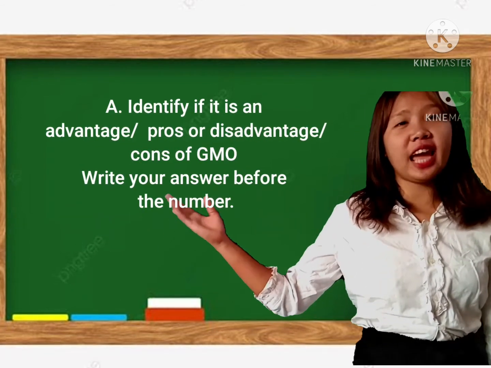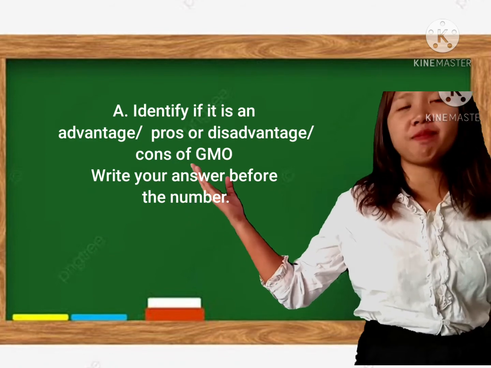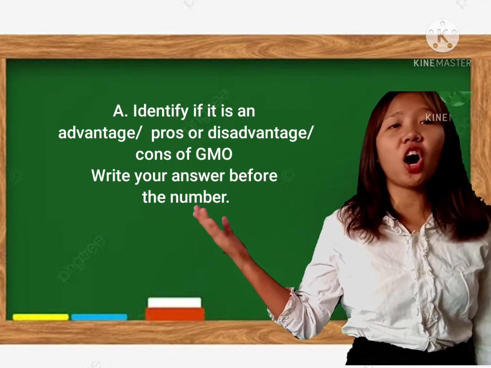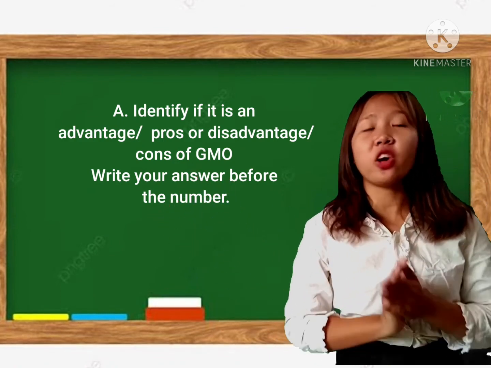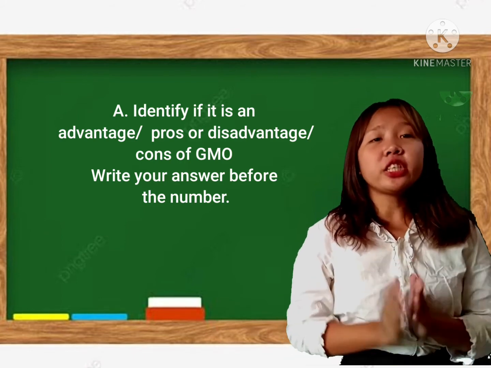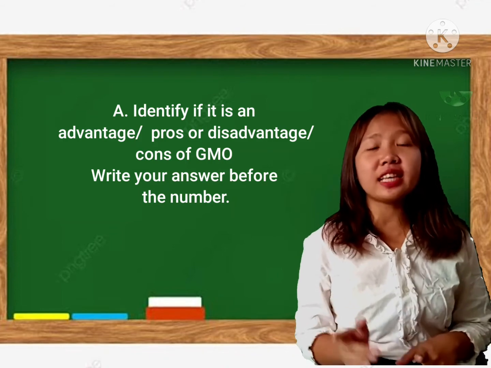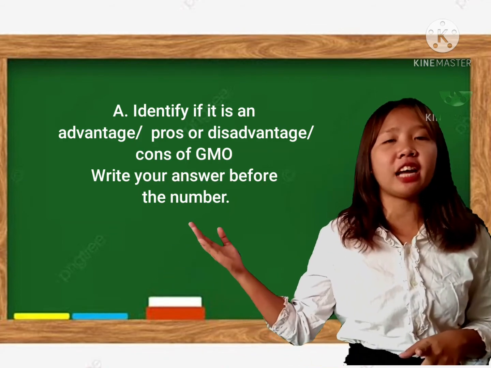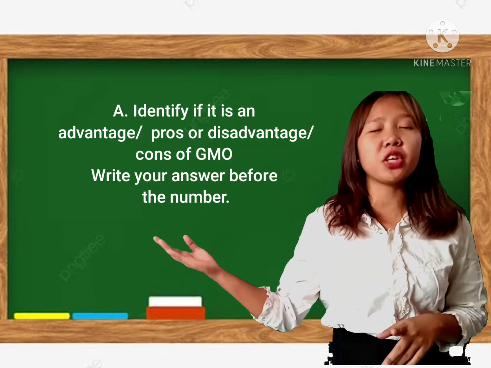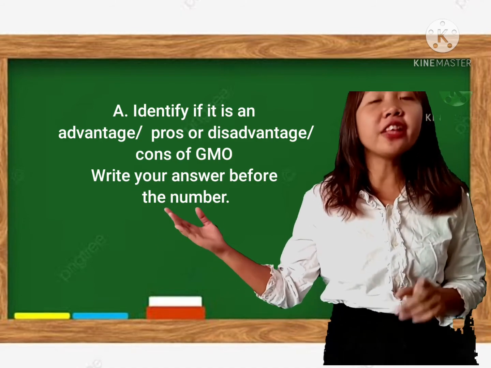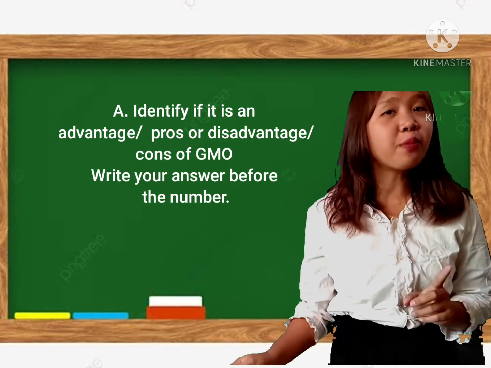Which among the 10 points of view is an advantage and which is a disadvantage of genetically modified organisms? So what you will do is identify if it is an advantage or disadvantage. Write your answers before the number.